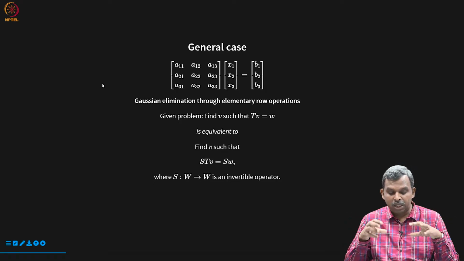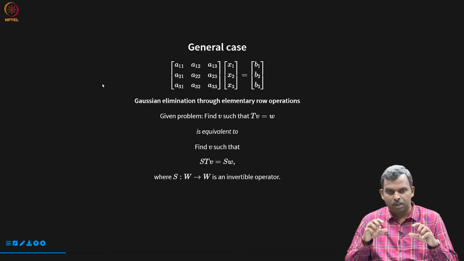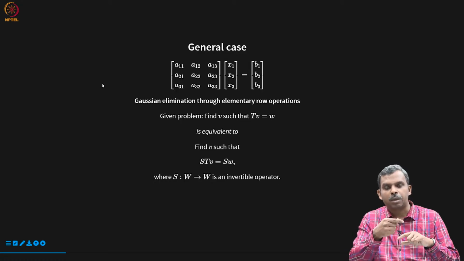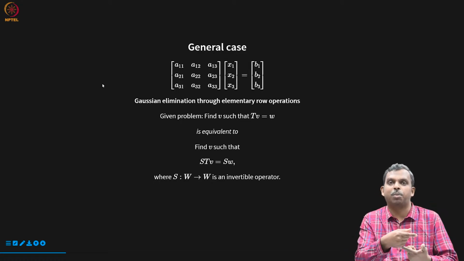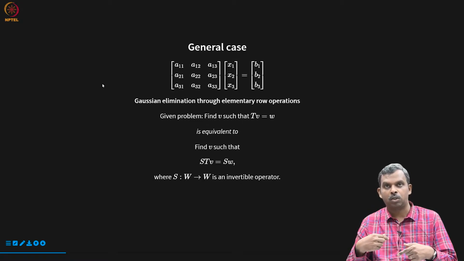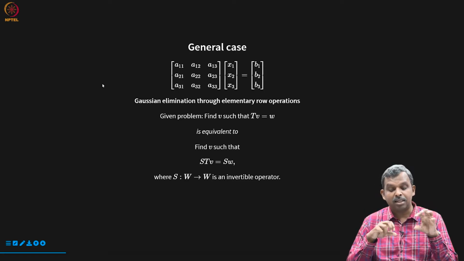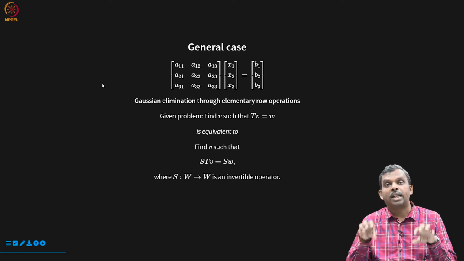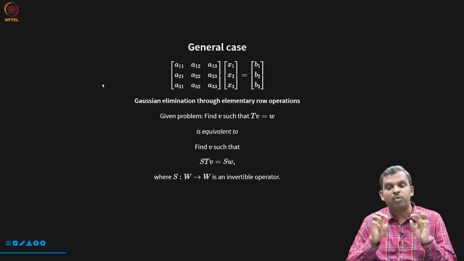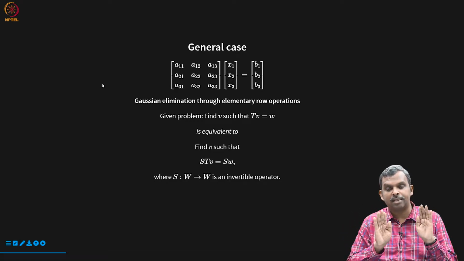When you have an invertible operator, it's like an isomorphism. It takes you from input to some other output, but you can also undo that linear operation, right? So it's an invertible operator. You can also go from output to input. So whether you solve TV equals W or STV equals SW, you will get the exact same V's for the exact same W. Nothing will change as long as S is invertible.